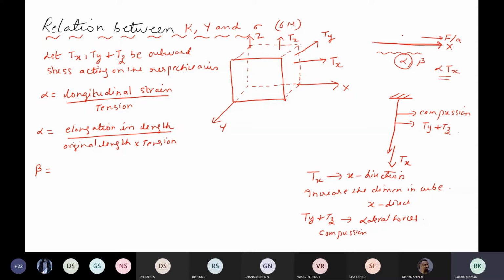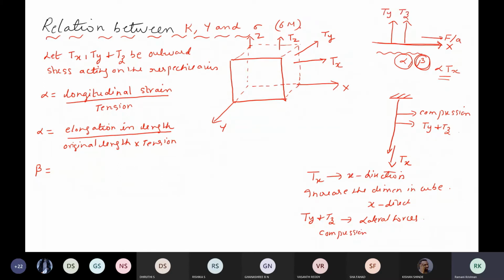Now tell me, in the same direction when this force is acting, what is happening to the diameter of this wire? The diameter of this wire is decreasing, right? So I should talk about which strain? Lateral strain, which is beta. And which are the two forces acting perpendicular to this wire? I have Ty and Tz. Why Ty and Tz?